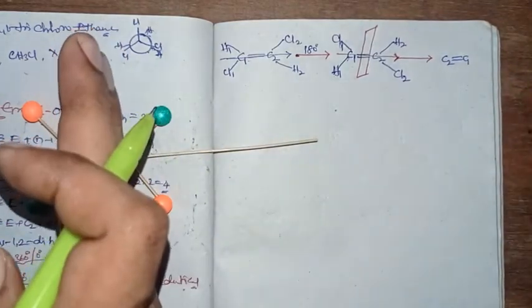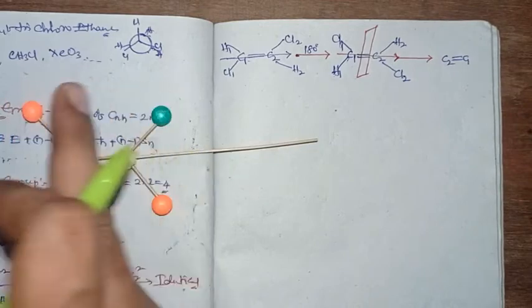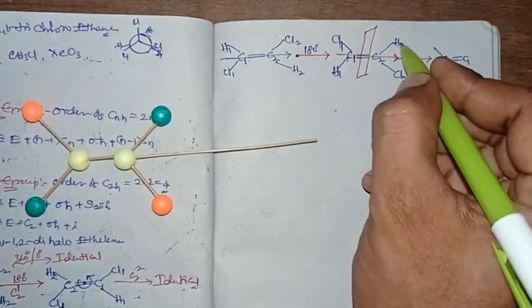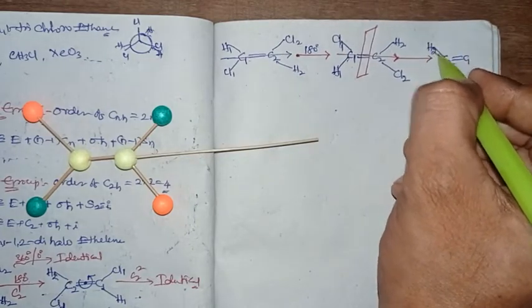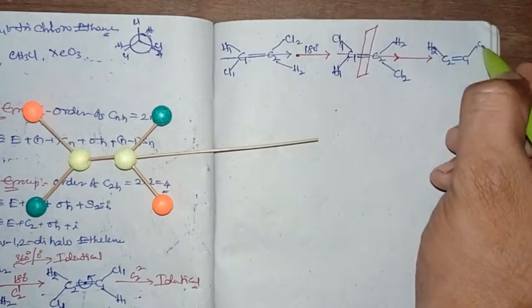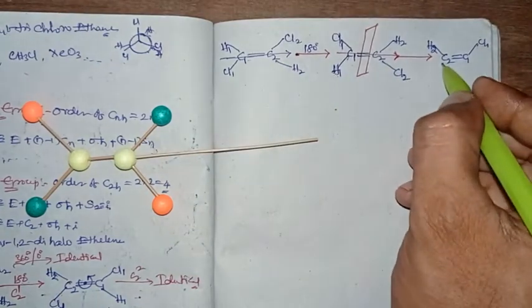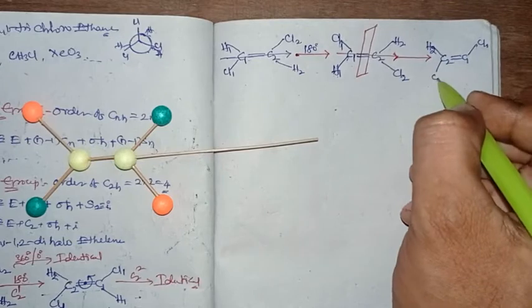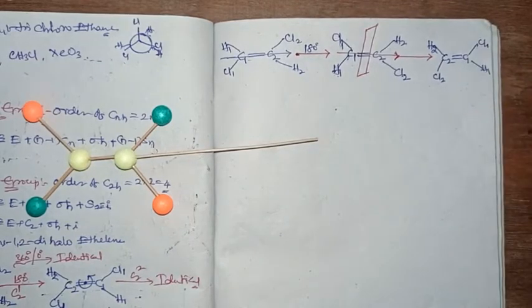The plane also reflects the chlorines and hydrogens. Here the hydrogen gets the position of chlorine 1, and chlorine 1 gets the right side. H1 and Cl2 also get reflected: Cl2 gets the left side, H1 gets the right side, right?